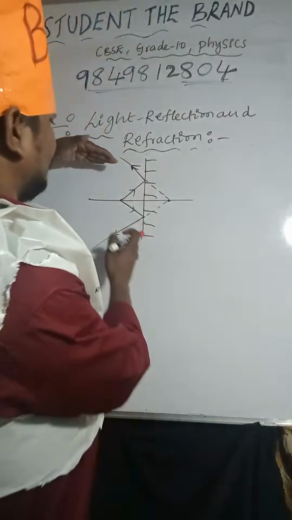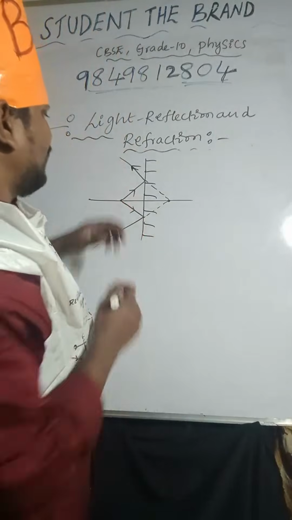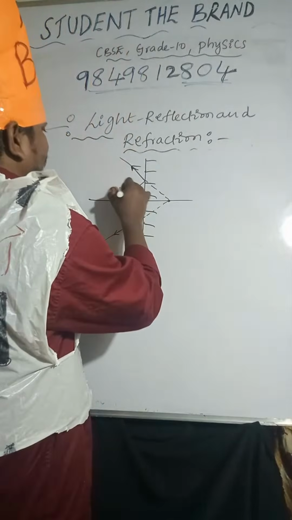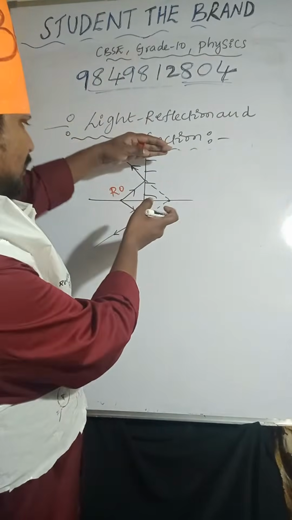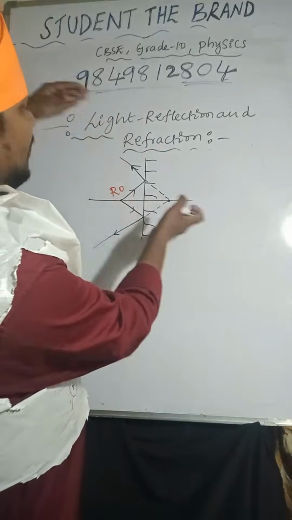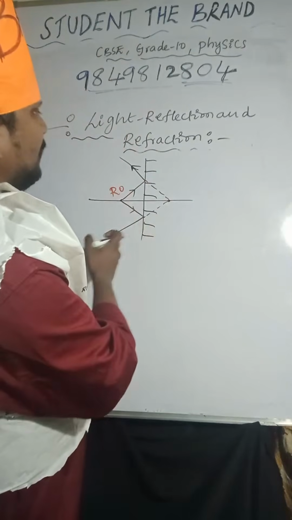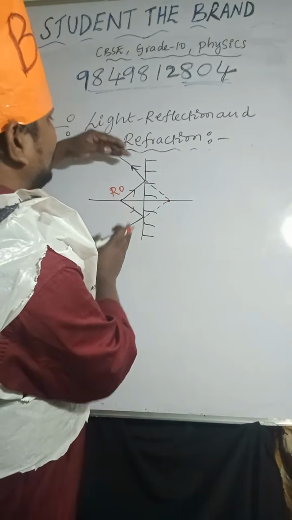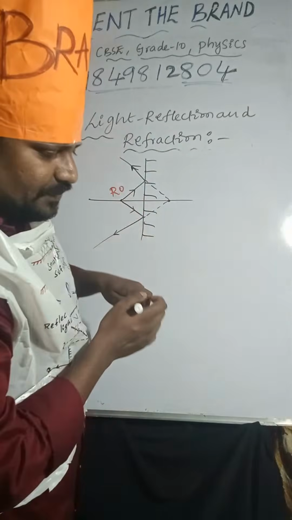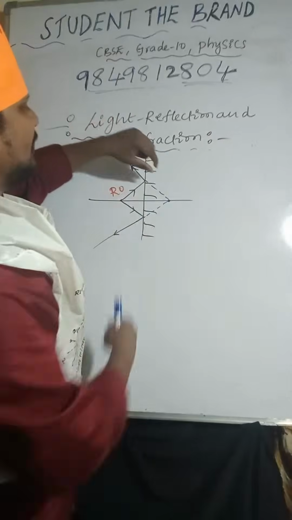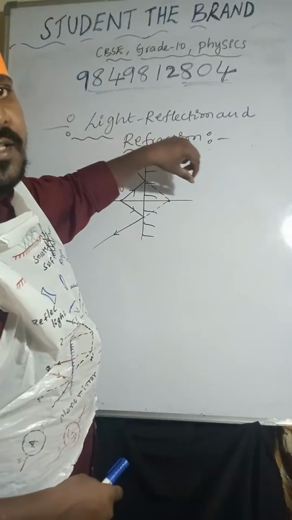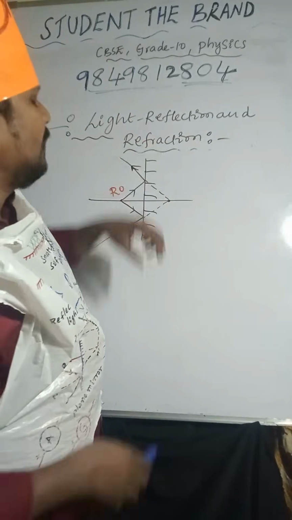Here these light rays are coming from one point. This is called a real object. After reflection, those light rays are moving away from the principal axis. If you extend the reflected light rays, they meet at one point, and the image forms there.